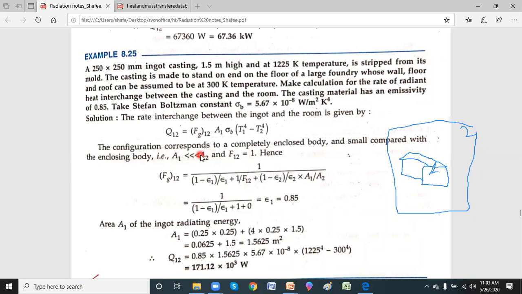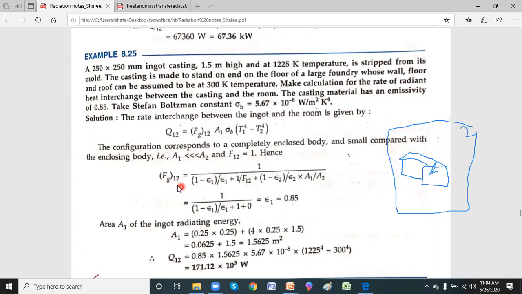That is the first assumption. The second one is that, as in the infinite parallel planes case, I can assume the shape factor as 1, because whenever there is a small body in a large enclosure, automatically you assume F12 as 1.